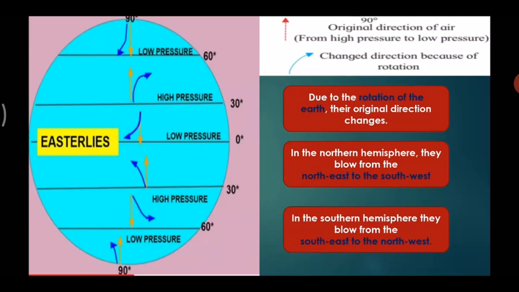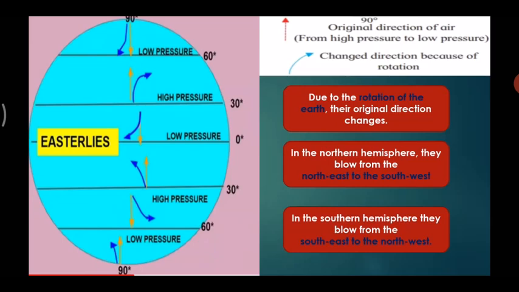The easterlies are the winds which blow near the equator or the equatorial low pressure belt. The northern hemisphere is above the equator.